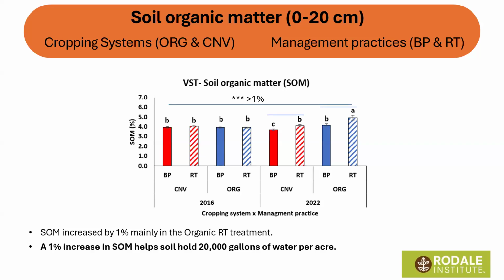Meaning when plants are exposed to the difficulty of less rain, that soil is your buffer capacity, holding that water for the plant to continue slowly taking that water. That's the great advantage of having an increase of soil organic matter.